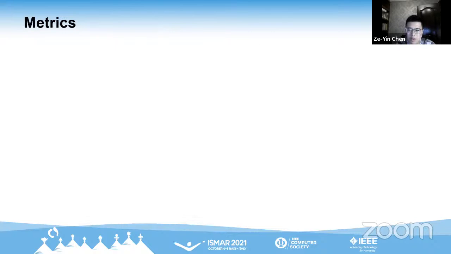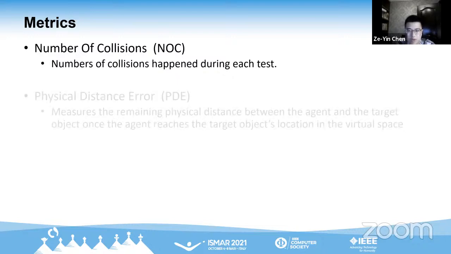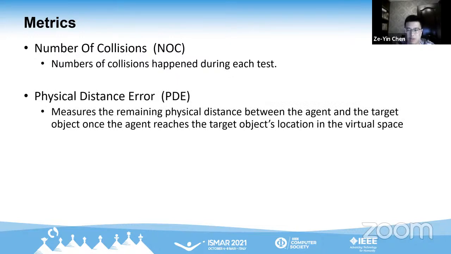There are two metrics for these experiments. The first is NOC, which counts the number of collisions between the agent and the real scene boundary for each algorithm and scenario. And the second metric is the physical distance error. It measures the remaining physical distance between the agent and the target object once the agent reaches the target object's location in the virtual space.